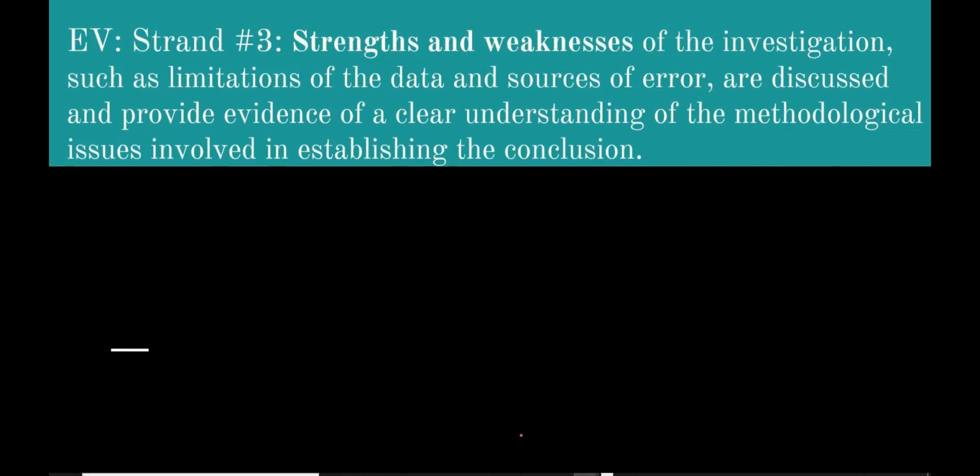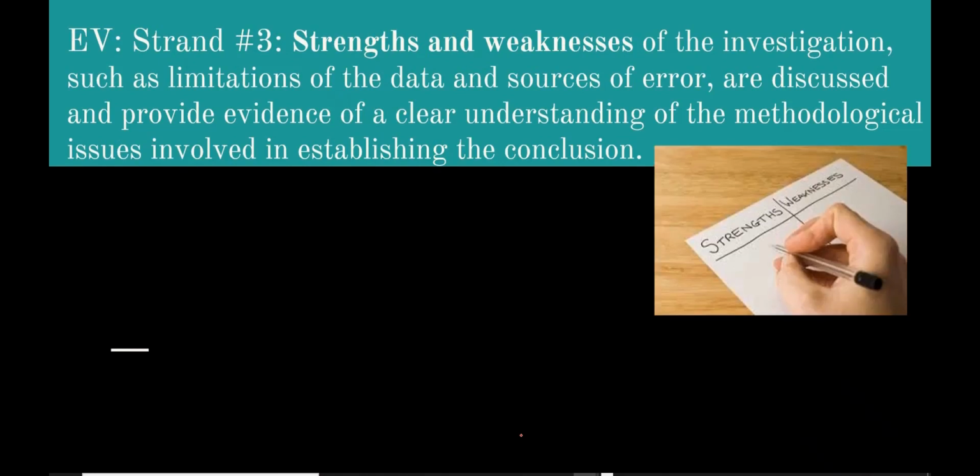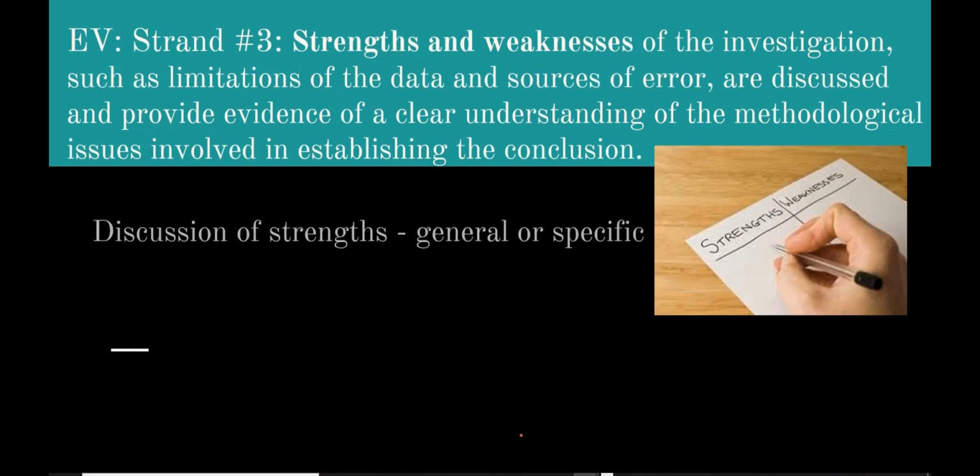Strand 3 demands students to write about the strengths and weaknesses of data and method. For example, how the precision of raw data helped to get an accurate result. How the range of independent variables helped to conclude a reliable and general pattern between the variables of investigation.